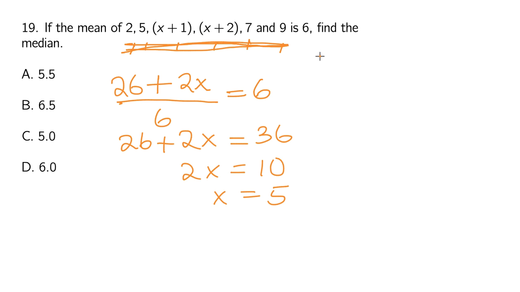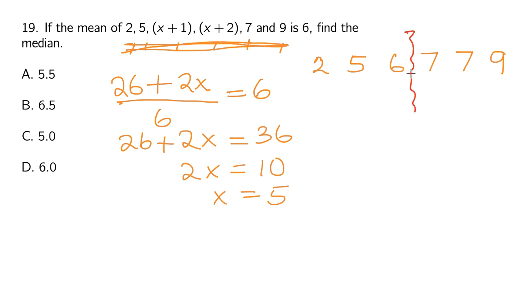So if we substitute x equals 5 into this sequence of numbers, what do we get? We get 2, 5, 6, 7, 7, and 9. These are the 6 numbers. And now we are supposed to find the median. The median is the middle number.